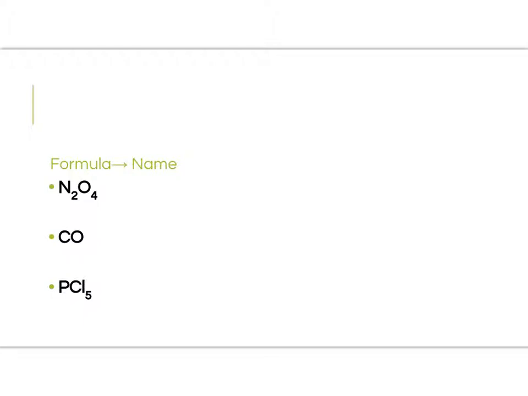Going the other way, okay, hopefully just as straightforward. So we're going to write out the 2 elements, the second one ending in "ide," and then use the appropriate prefixes here. So this first one, N2O4. So the prefix for 2 is di. That element is nitrogen, so dinitrogen.